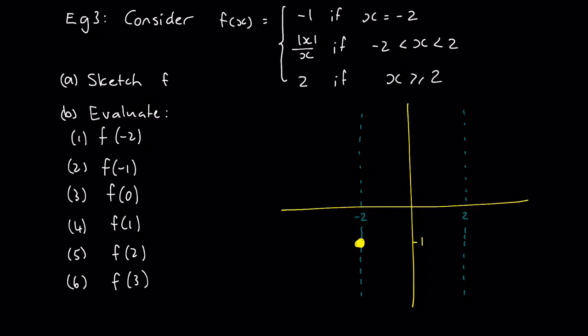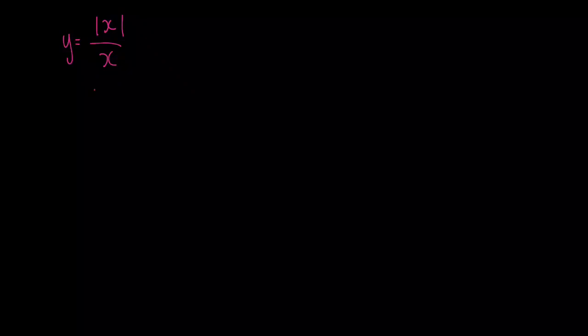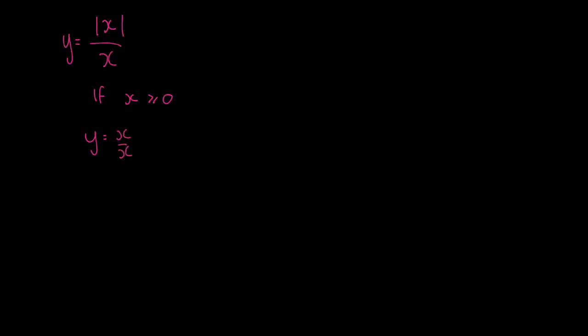Now, for the second graph, the absolute value of x over x if x is between -2 and 2. For this one, I'm just going to take you down to a different page so that we can illustrate that properly. The graph of y equals absolute x over x. Remember that if x is greater than or equal to 0, then y equals x over x, which means that y equals 1.